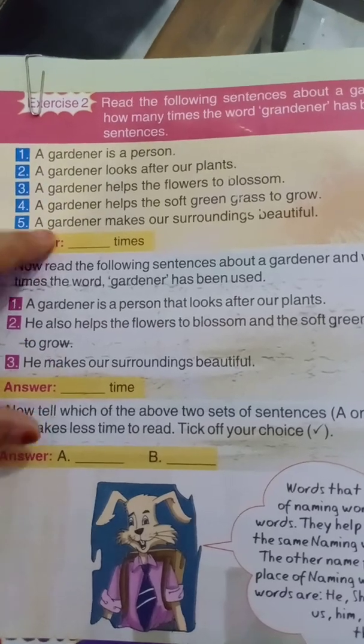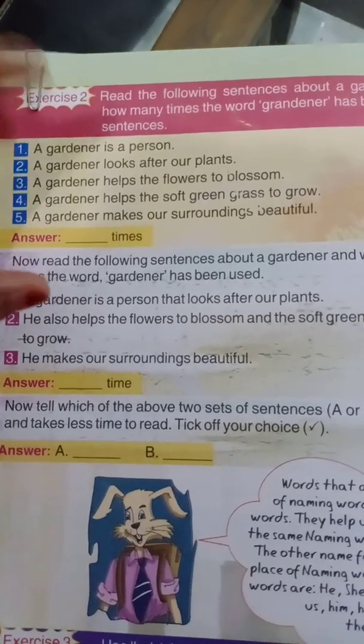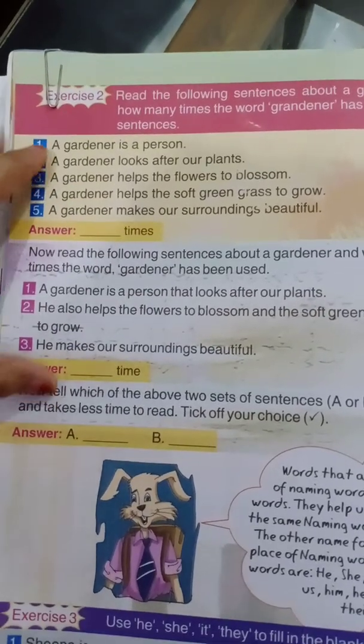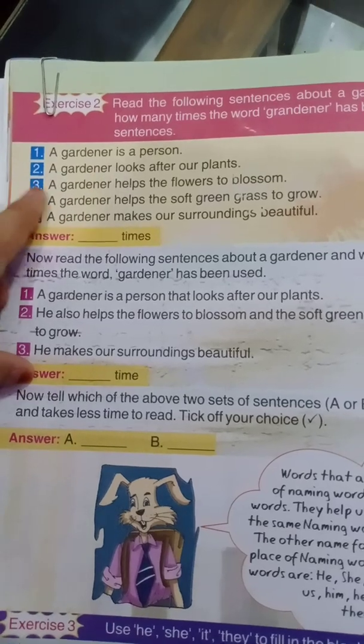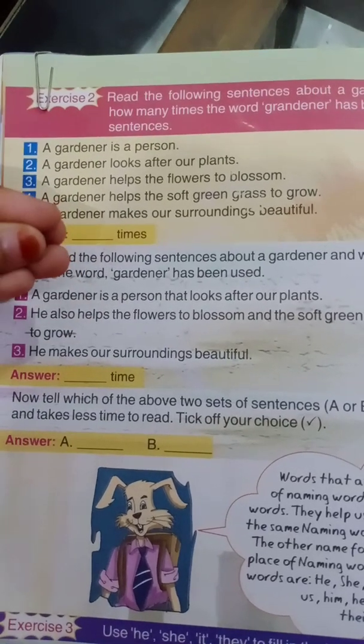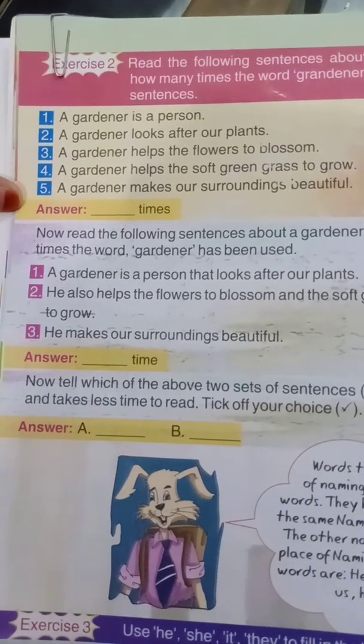So to avoid this repetition, we can write a word instead of gardener. If we are speaking or reading these sentences again and again, it will take time, and it doesn't seem good.